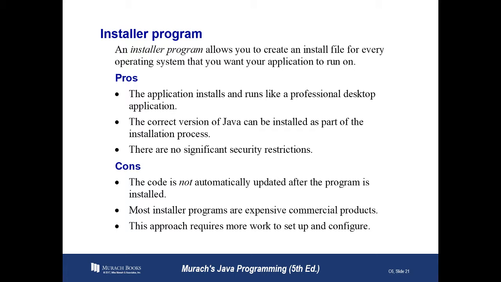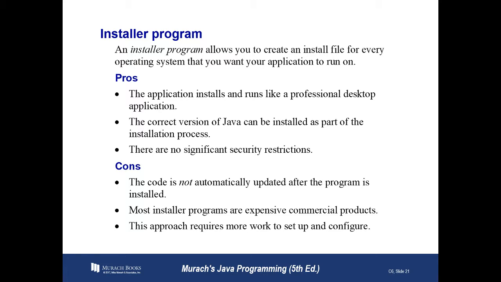We also could use a third-party installer program. An installer program would let us create a customized install script for every operating system that we wanted our application to run on. So this would be great. The application installs and it would look like a professional desktop installation. The correct version of Java could be installed as part of the installation process, and there really are no security restrictions.